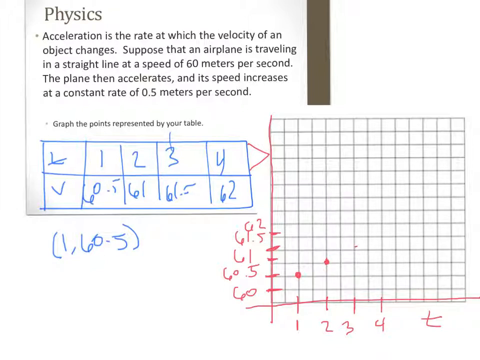At 3 seconds, we were at 61.5. And at 4 seconds, we were at 62. And you'll notice here, this point, which is our y-intercept, and that gets us our line. Okay, so we plotted the points, drew the line, we see the linear relationship.